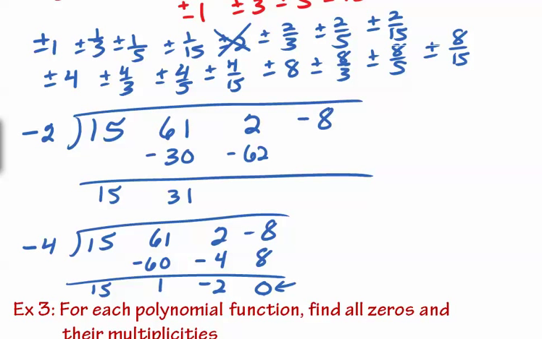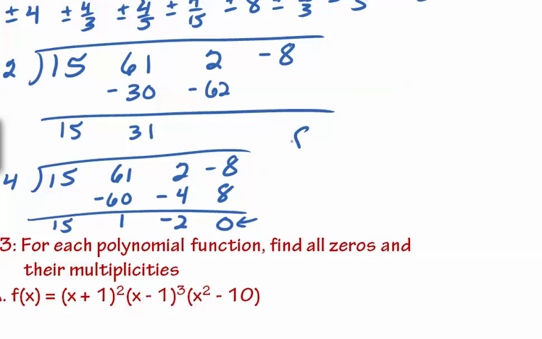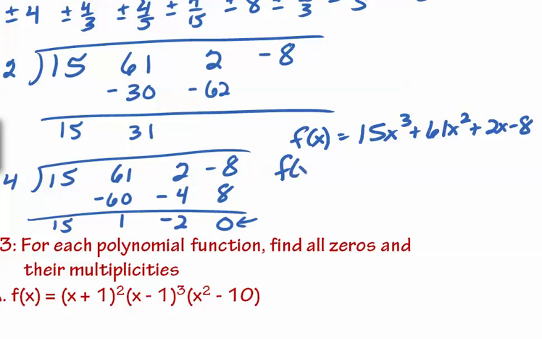So as soon as I've gotten 0 as a remainder, now look at what we know. We know that f(x), which was 15x³ + 61x² + 2x - 8, has negative 4 as one of its zeros, and that means that x + 4 must be a factor.